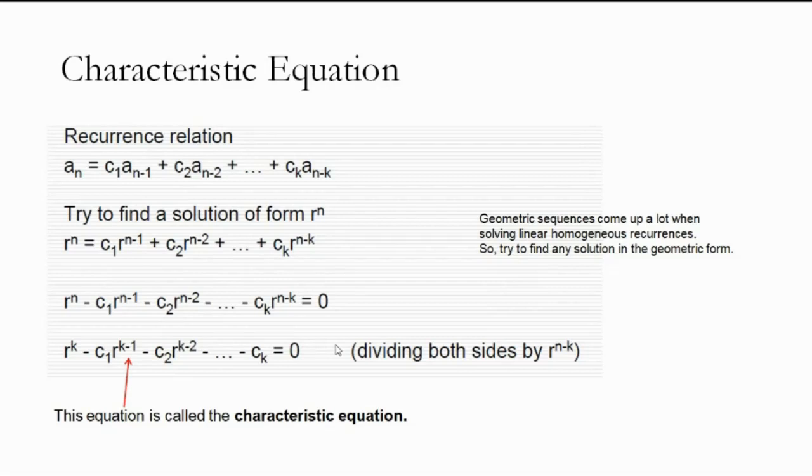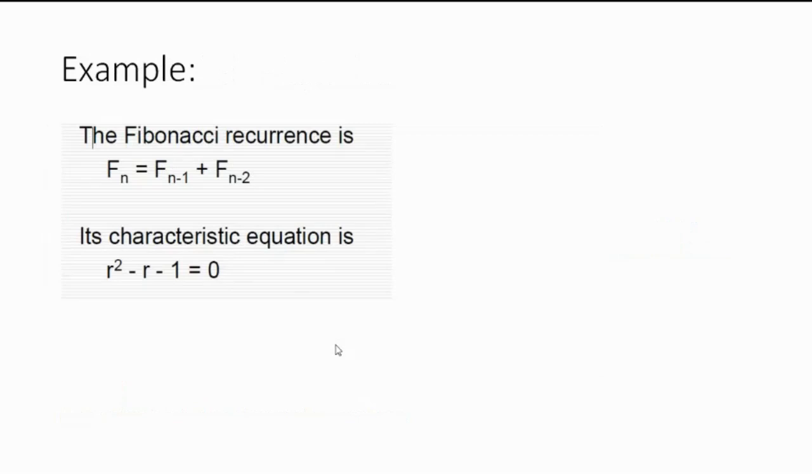Okay. If you want to find the roots for that, you know how to find the roots: minus b plus or minus square root of b square minus 4ac by 2a. So you will get 2 roots, right? So the example, the Fibonacci recurrence is fn is equal to fn minus 1 plus fn minus 2.